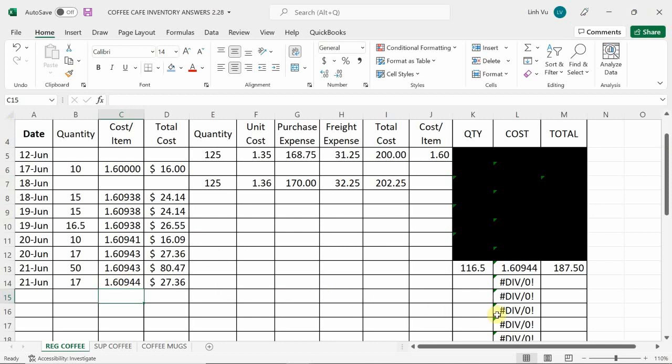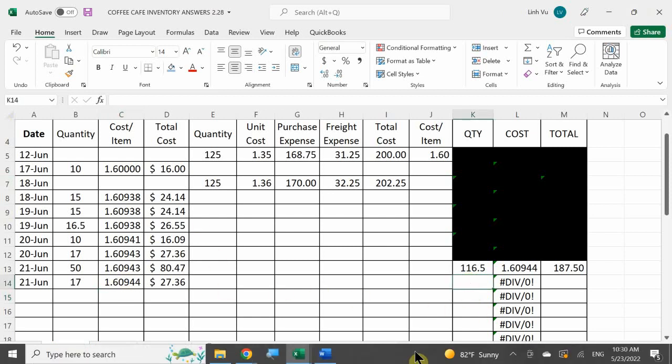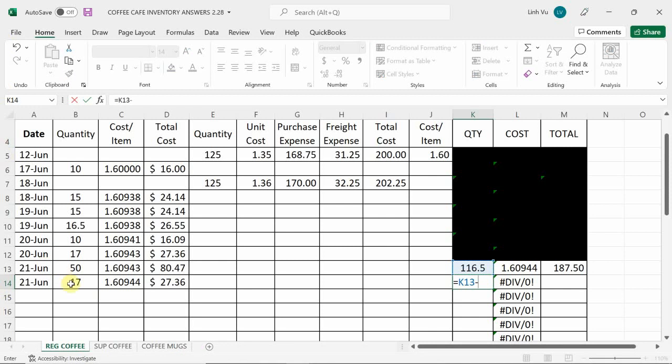Okay, so now because we end up using our coffee, we no longer have 116 pounds anymore, right? Because we end up using 17. So what's my ending balance here? How many pounds of regular coffee do I have now?